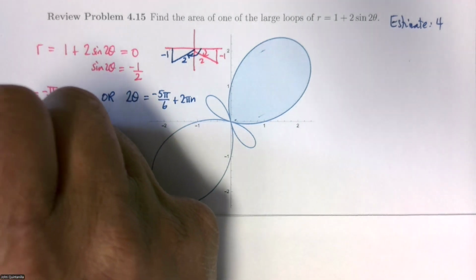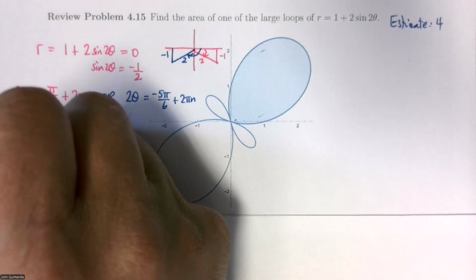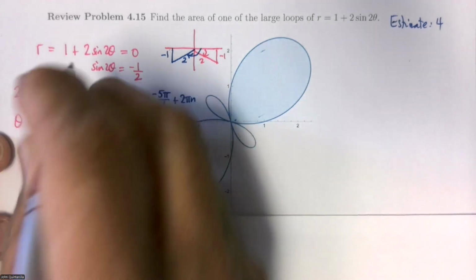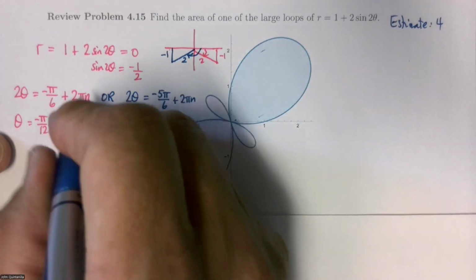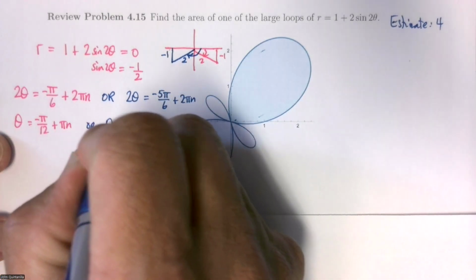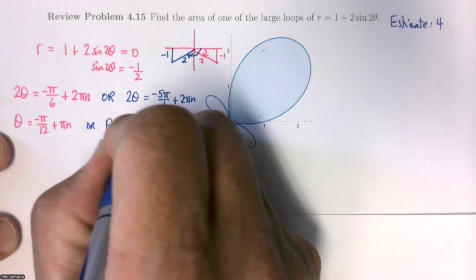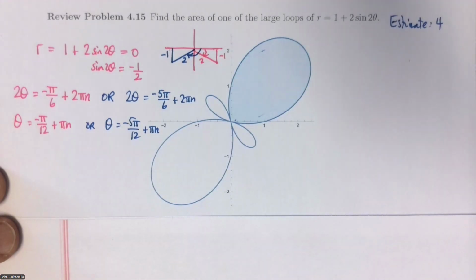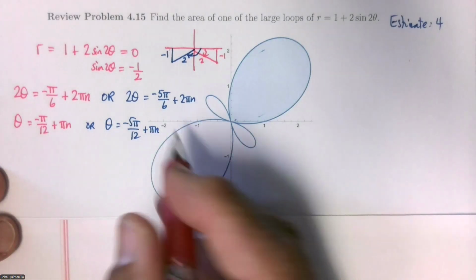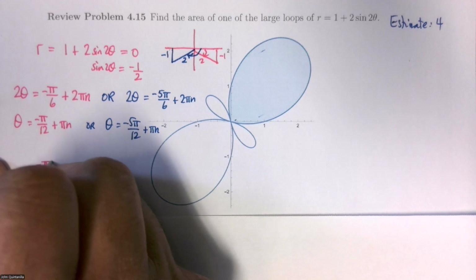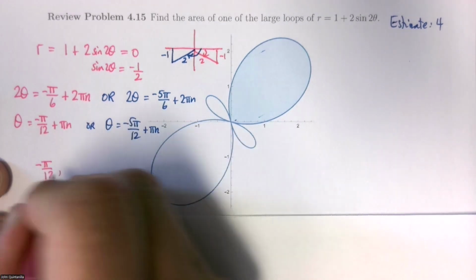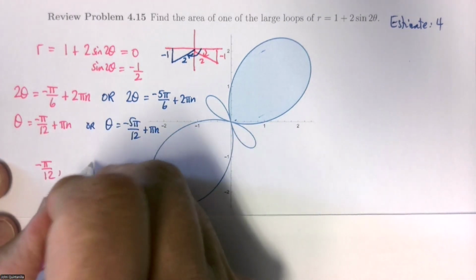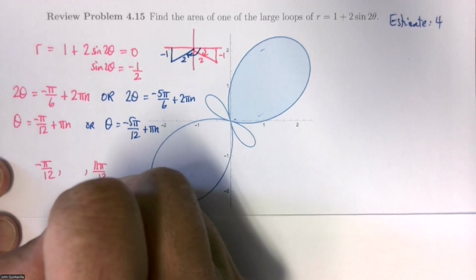If I divide, theta is equal to negative pi over 12 plus pi n, or theta is equal to negative 5 pi over 12 plus pi n. Let me write this out as a list. Negative pi over 12. If I add pi, that takes me to 11 pi over 12.